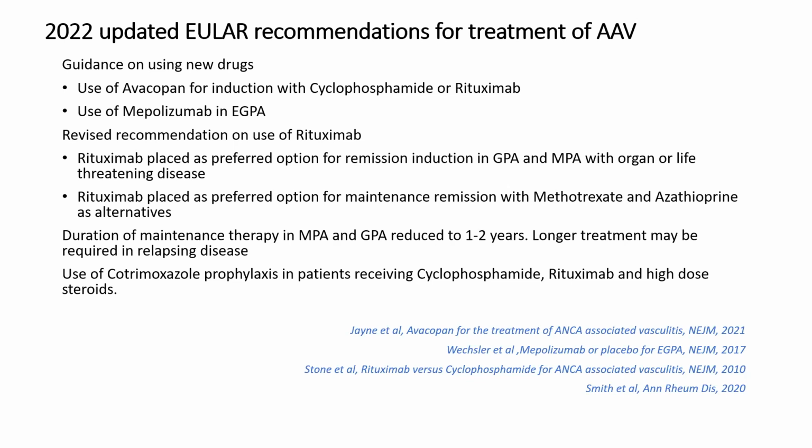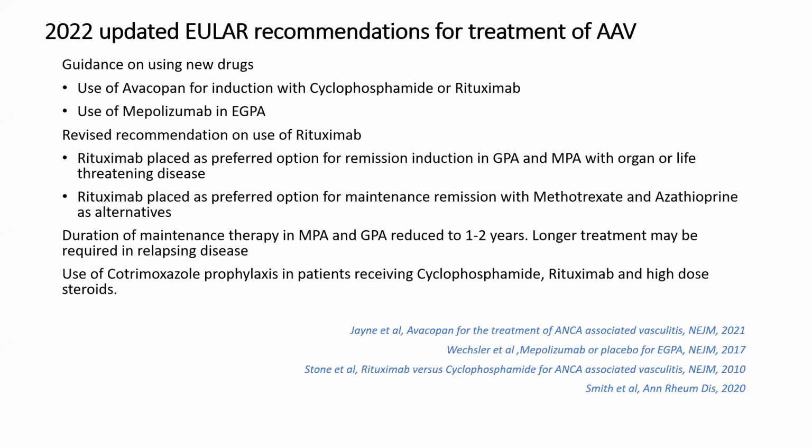Also, mepolizumab, which is an anti-IL-5, has been proposed as a drug to be used in EGPA. This causes a reduction in your eosinophil count and has been shown to help with refractory or relapsing eosinophilic granulomatosis with polyangiitis. They've also revised their recommendation on the use of rituximab.